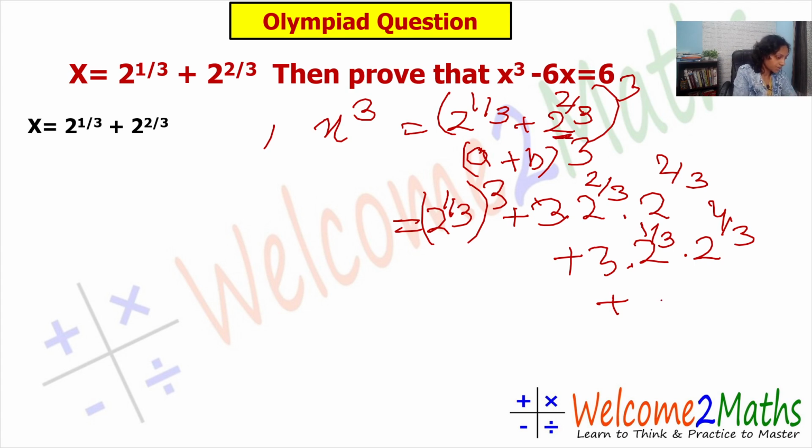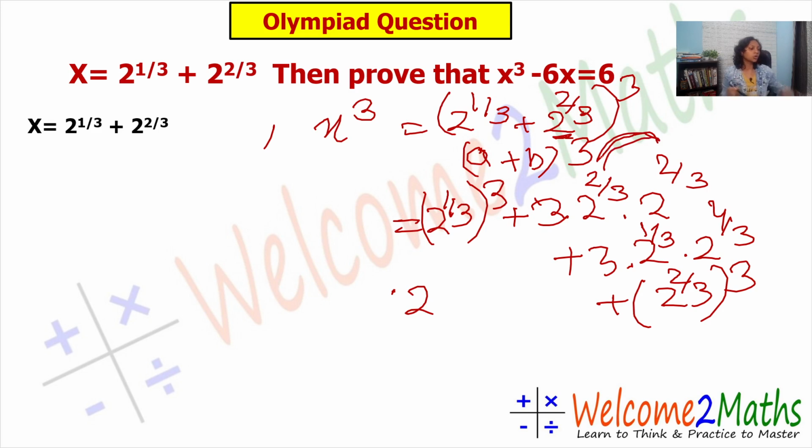So we will write (2 to the power 2/3) whole cube. Got it? Now 2 to the power 1/3 whole cube becomes 2. And the bases here are 2 and 2, so obviously we have to add the powers.